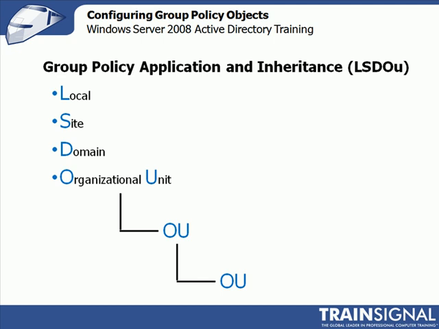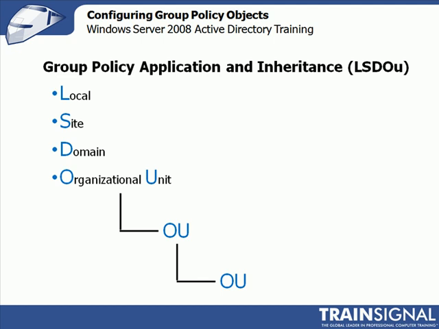Let's say there is a policy that is linked to the domain that says prohibit access to the control panel, and it's been enabled. And a user logs in who's in that domain. Well, the local policy will kick in first, and that local policy will say, yeah, the user can have access to the control panel.